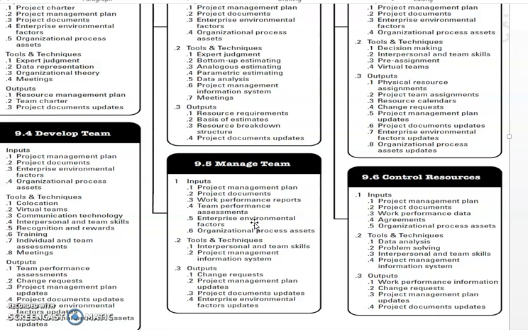Project documents, work performance reports, that is the status of the work. Team performance assessments, enterprise environmental factors, and organizational process assets. Tools and techniques: interpersonal and team skills, project management information system. This can be software, Primavera or MS Project.